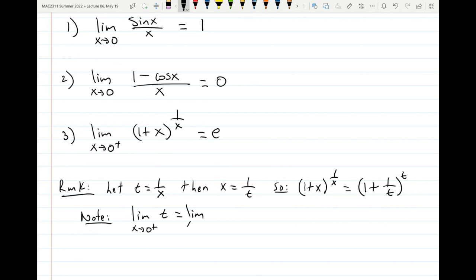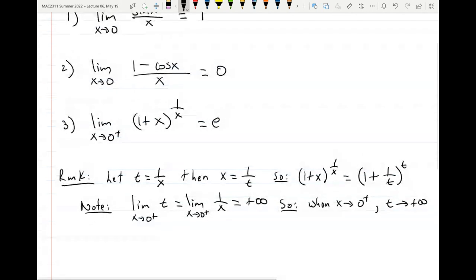Well, t is 1 over x, so that's going to be positive infinity because x approaches 0 from the right. 1 over 0 with positive numbers is going to be positive infinity. In other words, what we really say is that when x approaches 0, t approaches positive infinity.